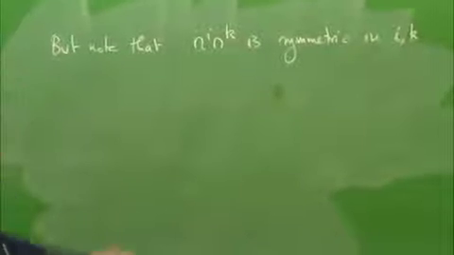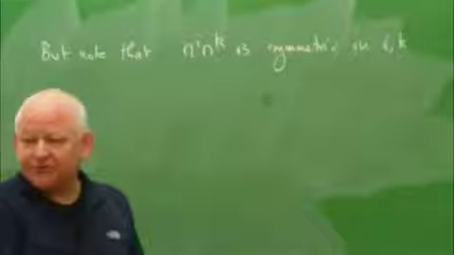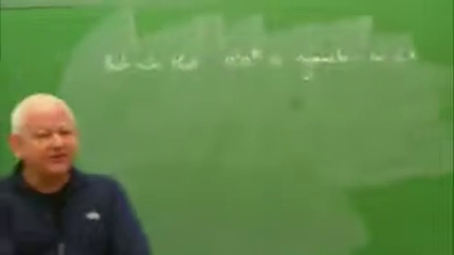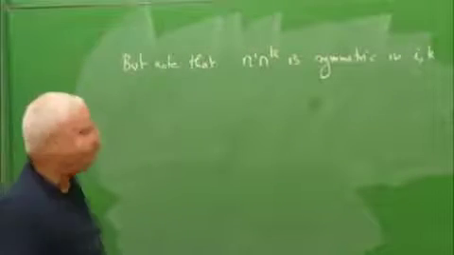In other words, this tensor product of n with n is a symmetric tensor. You also know that every tensor of rank 2 can be decomposed uniquely into a symmetric tensor plus an antisymmetric tensor.